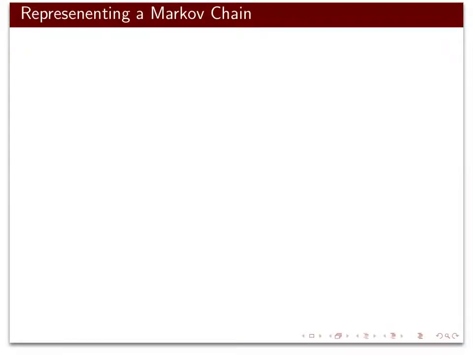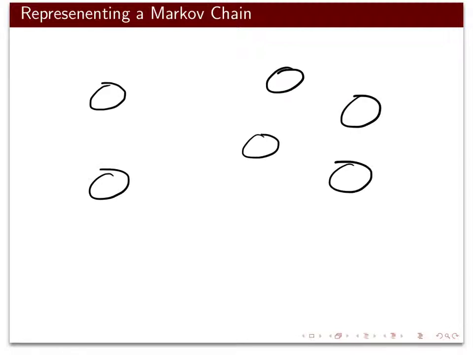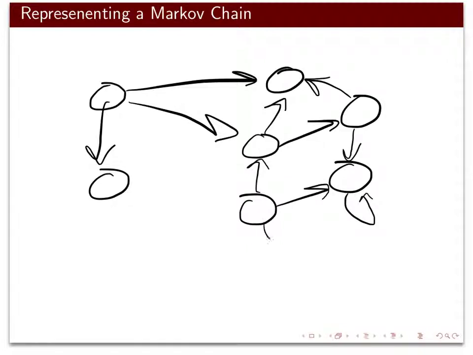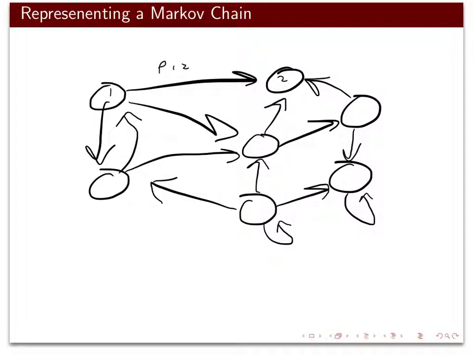Okay, how can we represent a Markov chain? Besides the transition matrix, we could also draw a diagram. We can have nodes for the different states, and then directed arrows for possible transitions. So this represents a Markov chain, and now we need to assign probabilities. Let's say this is state 1, state 2, this would be P12.